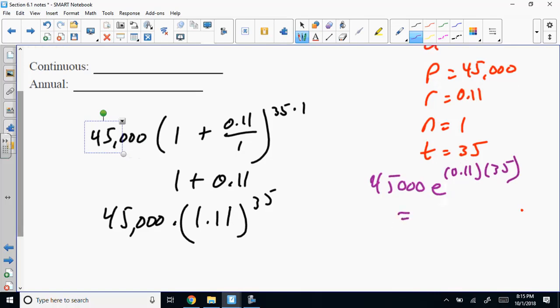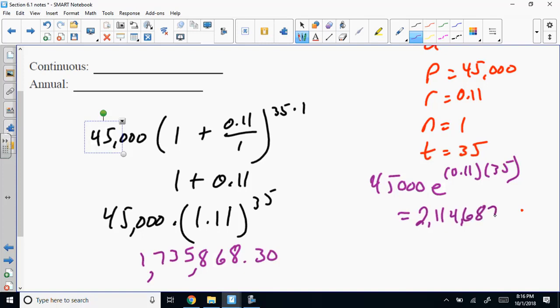Let's see who makes the most money. Yeah, a little over 2 million.